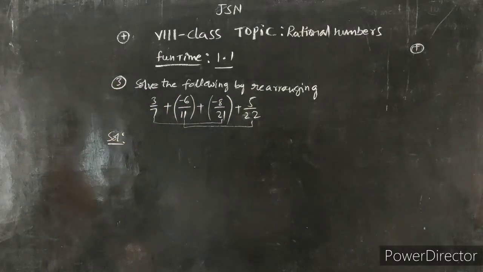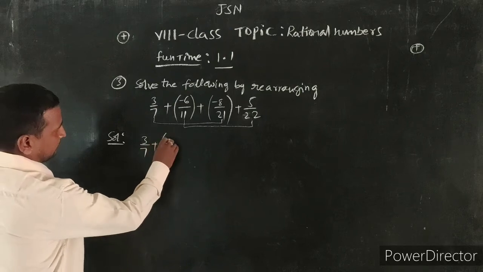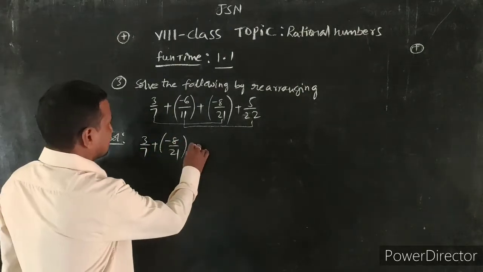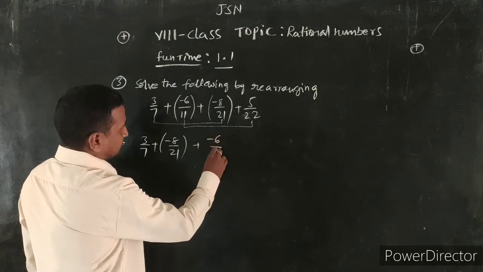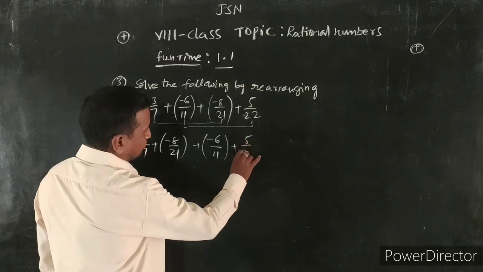So rewrite it as 3 by 7 plus of minus 8 by 21 plus of minus 6 by 11 plus 5 by 22.